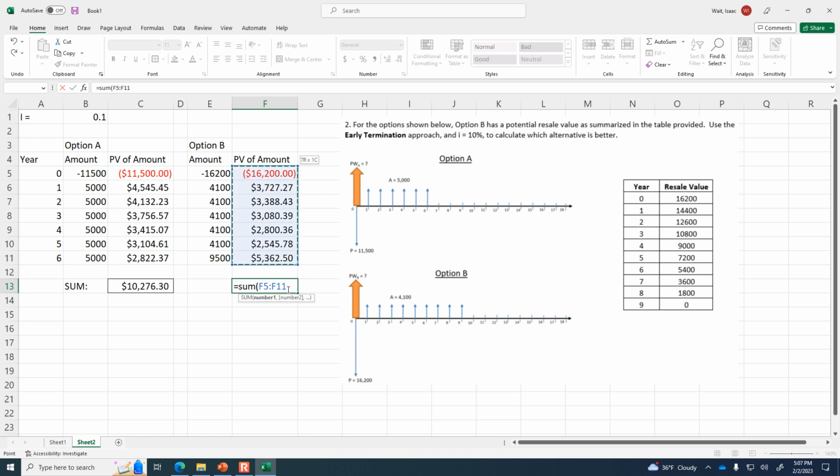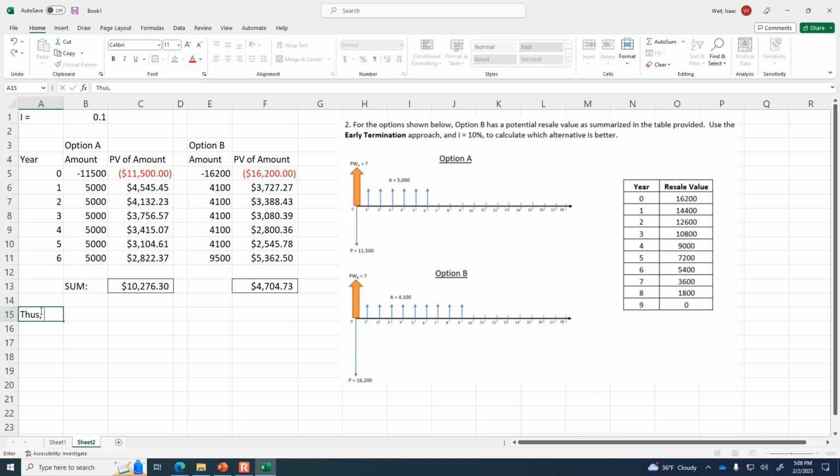So, by the early termination approach, just to finalize things here, remember it's not sufficient for us just to calculate these. We have to now interpret the results and say what's the outcome of our analysis.